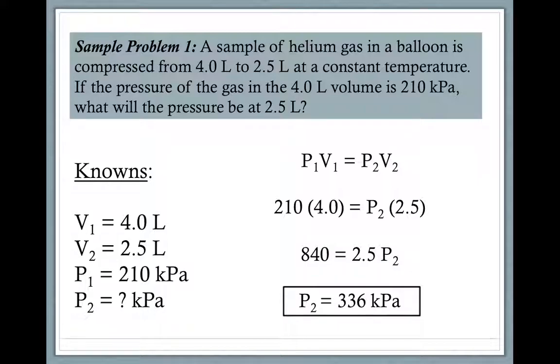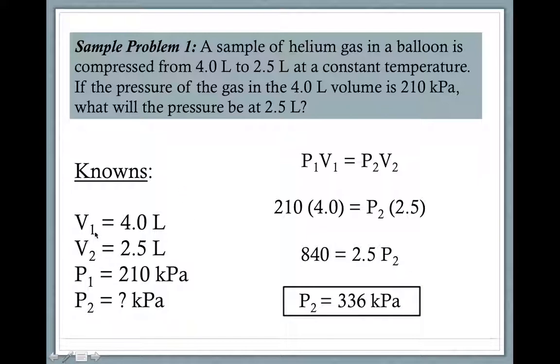A sample problem, number one: a sample of helium in a balloon is compressed from 4 liters to 2.5 liters at a constant temp. So you see the volume changes from 4 to 2.5. If the pressure of the gas in the 4-liter volume is 210 kPa, what will the pressure be at 2.5?